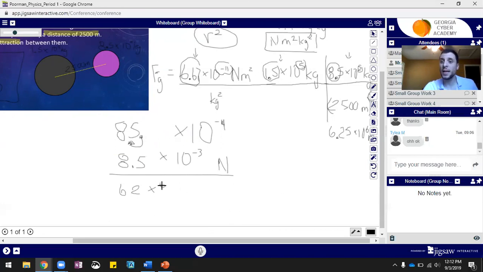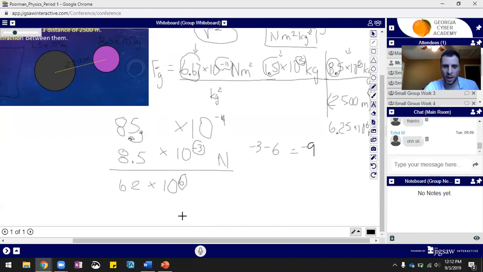So remember, when we're dividing two numbers in scientific notation, we look at the exponents, and instead of adding them, as we did when we multiplied, we're going to be subtracting them. So here we have negative 3, and down here we have 6, so negative 3 minus 6 gives us negative 9.